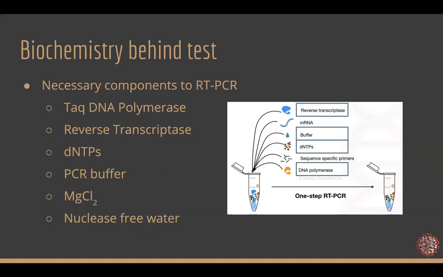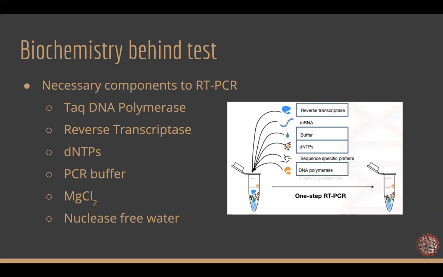The Taq DNA polymerase is a thermostable molecule which can withstand the temperatures of the PCR cycling. Reverse transcriptase is used to transcribe RNA into cDNA, which will then be amplified by the DNA polymerase. dNTPs are molecules that are used to synthesize DNA or RNA.